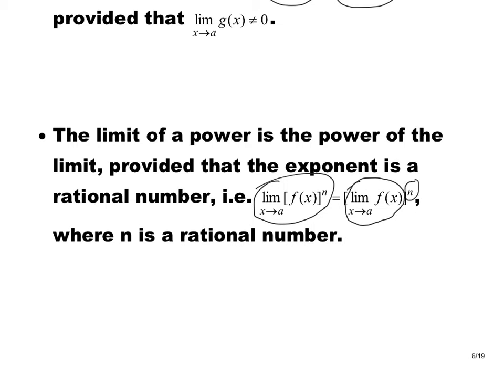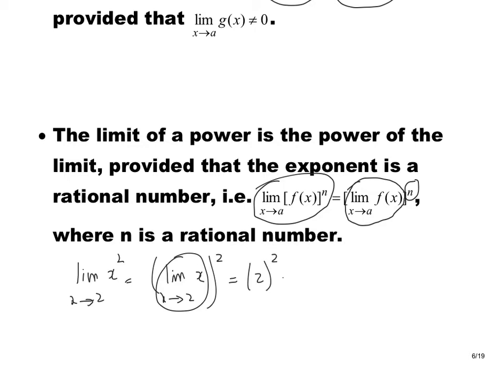This is the same as this example. For instance, the limit of x to the exponent 2, as x goes to 2, is the same as the limit of x as x goes to 2, to the exponent 2. This is going to give me 2 to the exponent 2, which is 4.